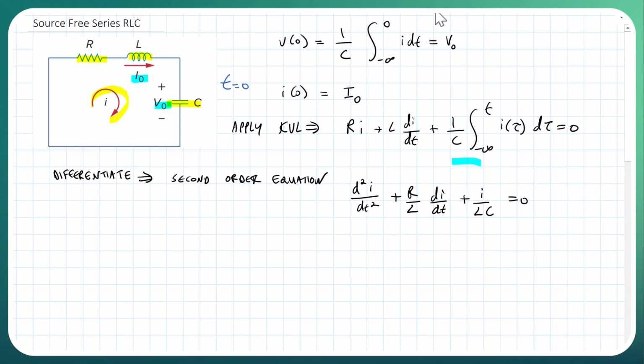Okay, so what can we do from here? We can further solve for the initial conditions, just as we did in the previous section. So we're going to have two initial conditions to solve this problem.